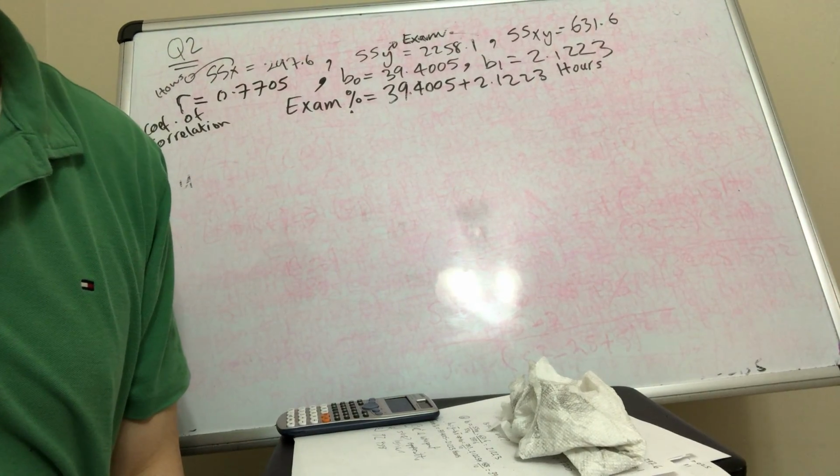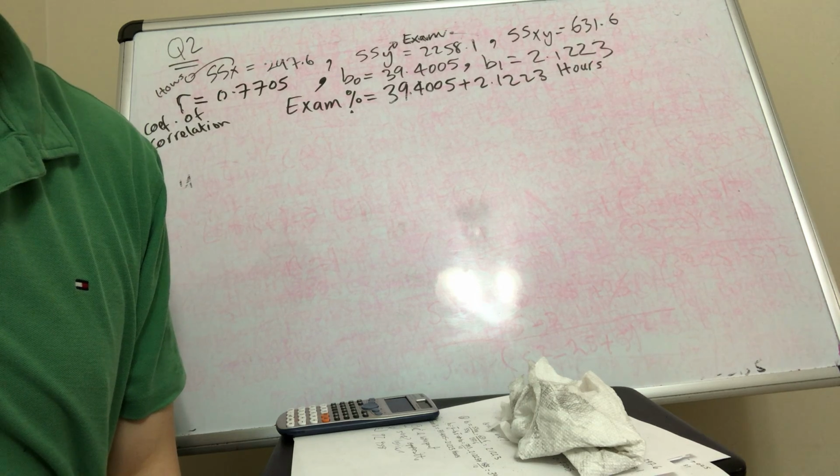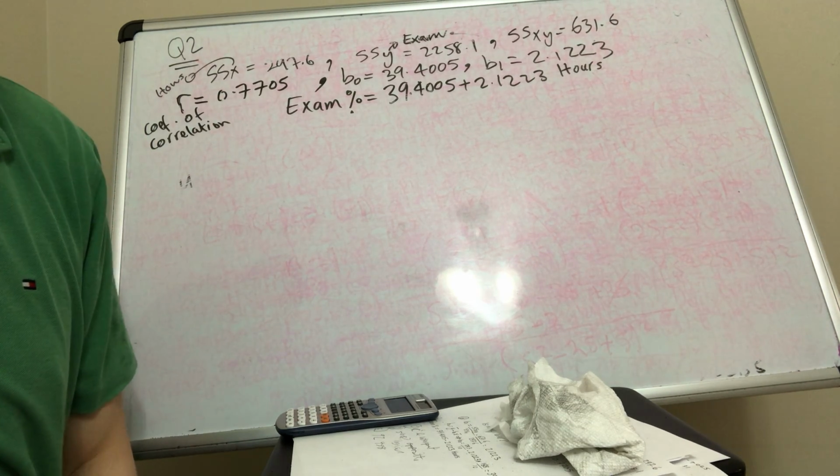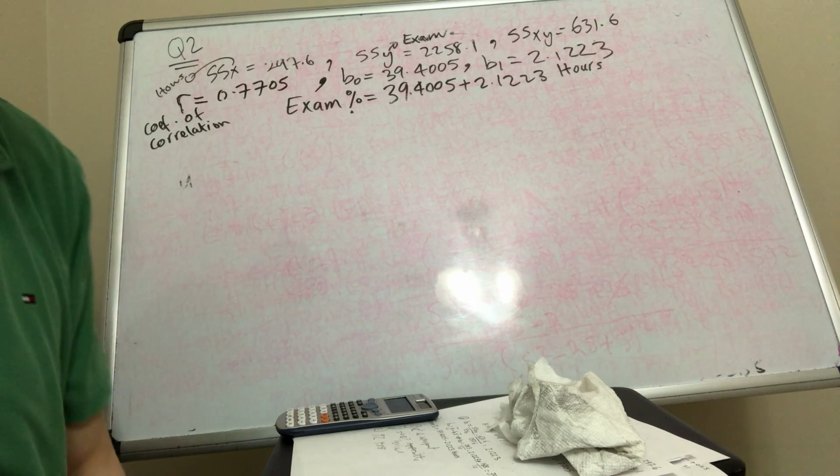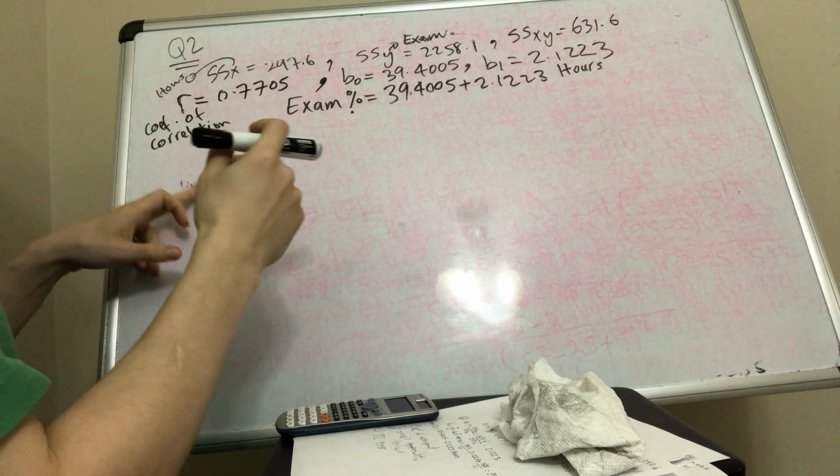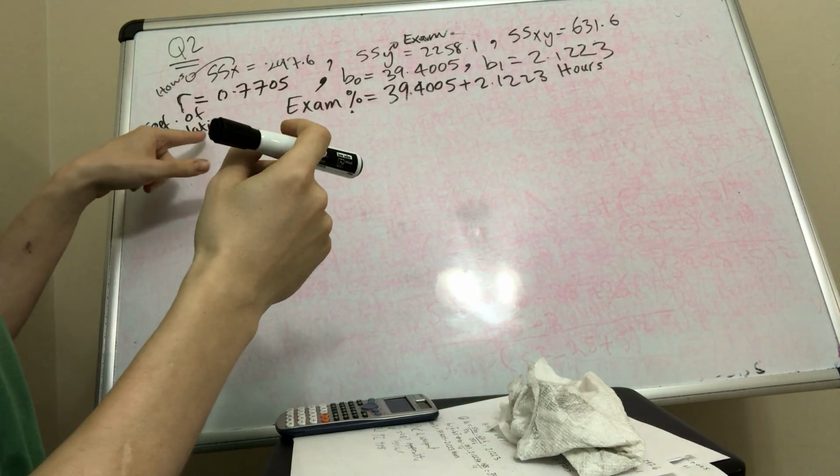Question C. Calculate the coefficient of determination and interpret what it means. We have the coefficient of correlation.